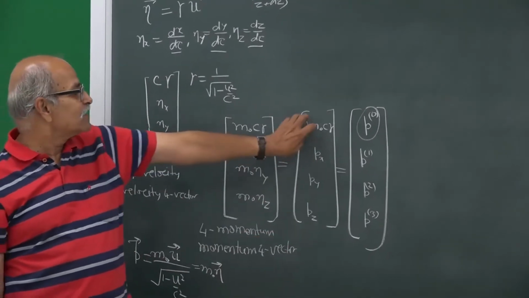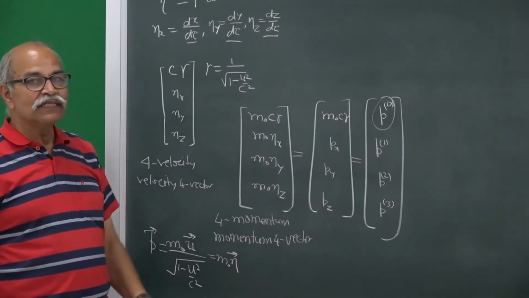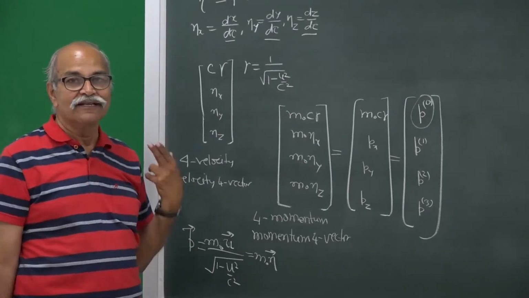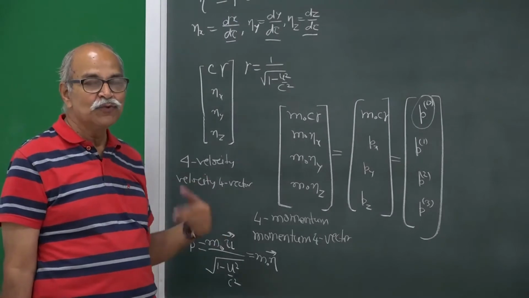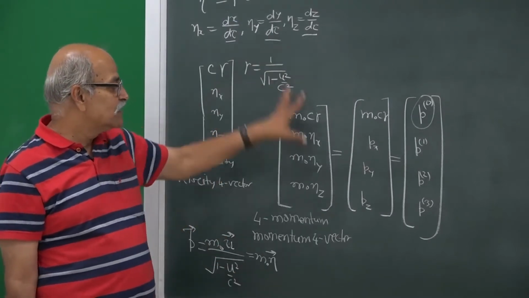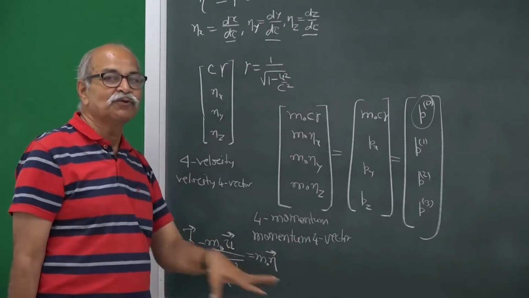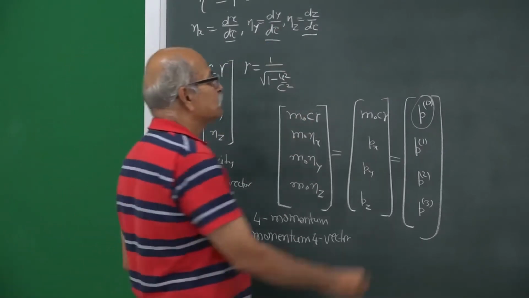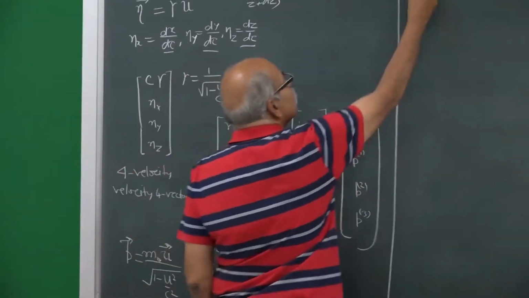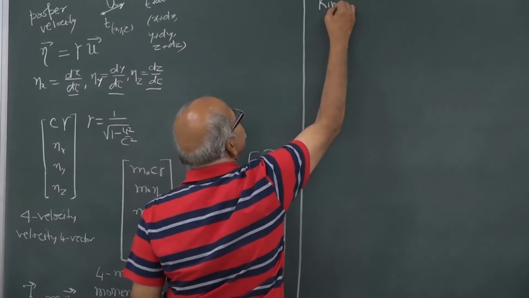Now, to understand this quantity, we will start a new topic, and that is kinetic energy. How do we get the expression of kinetic energy if the speeds are not limited to small speeds compared to c? So, let us talk of kinetic energy.